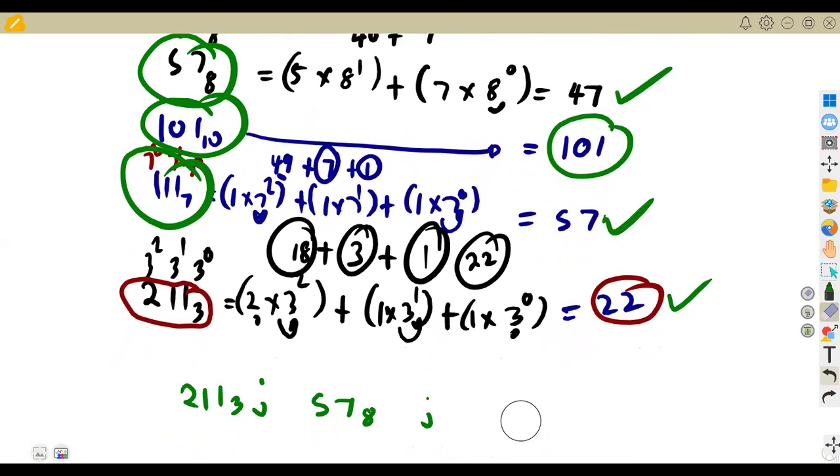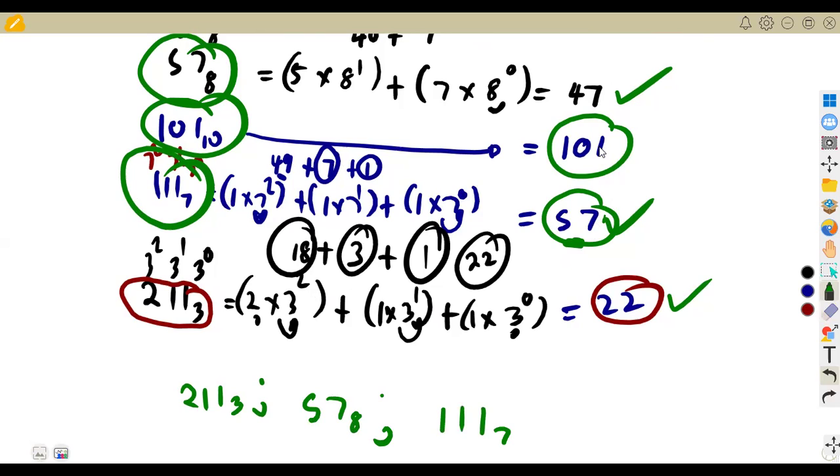This 57 is the 57 base 8, and this 57 is the 111 base 7, and this 101 is the 101 in base 10.